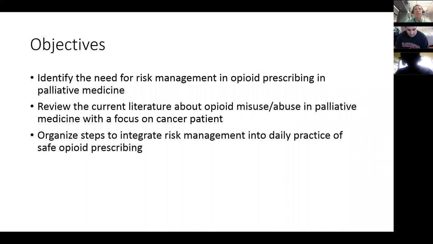These are the three objectives I wanted to discuss today: to identify the need for risk management in opioid prescribing and palliative medicine, which I think is an area that still is somewhat controversial and needs a lot more clarification; to review the current literature available to us as it relates to opioid misuse and abuse in the palliative medicine field, with a particular focus on cancer patients; and to lay out a number of steps that we might think about as it relates to integrating risk management into the daily practice of safe opioid prescribing.